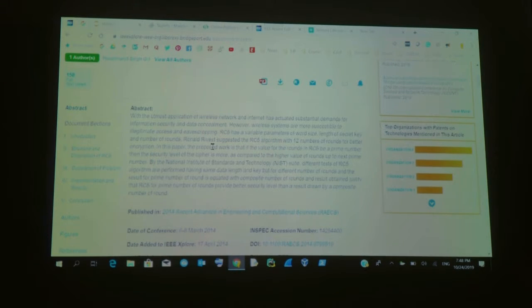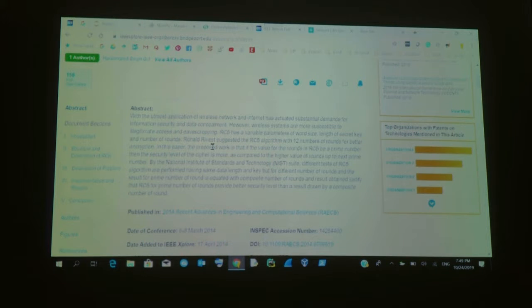In this paper, here you go, here's the business. The proposed work is that if the value for the rounds in RC5 is a prime number, then the security level of the cipher is more, compared to the higher value of the rounds up to the next prime number, by the National Institute of Standards and Technology, NIST, suite.